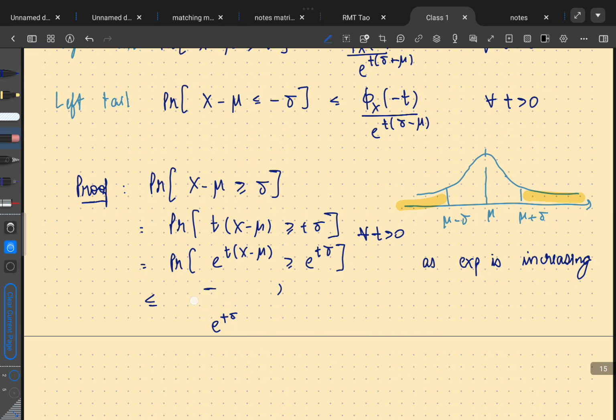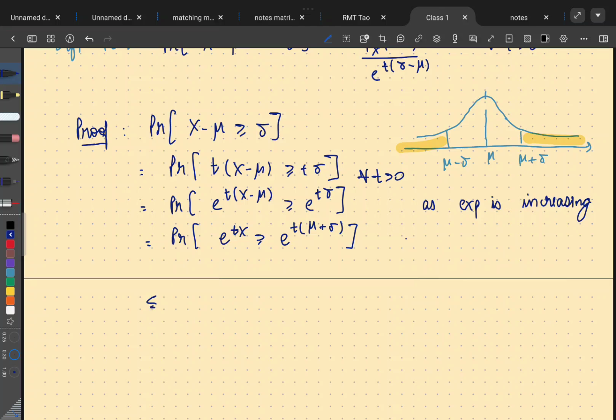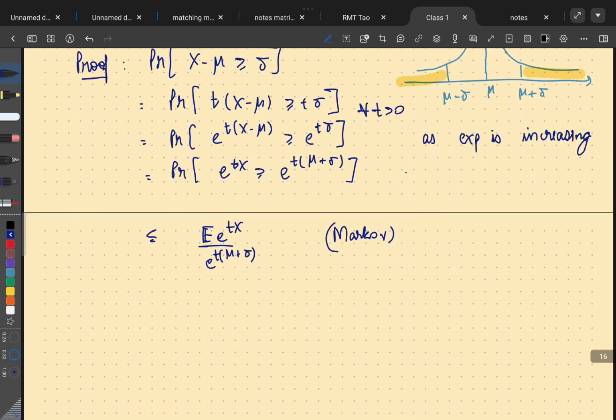Or maybe simpler, I could have manipulated this to the probability that e raised to t times x is greater than or equal to e raised to t times mu plus delta, and now I can apply Markov's inequality, with the expectation of e to the power t times x divided by e raised to t times mu plus delta, which is nothing but the moment generating function divided by e raised to t times mu plus delta.